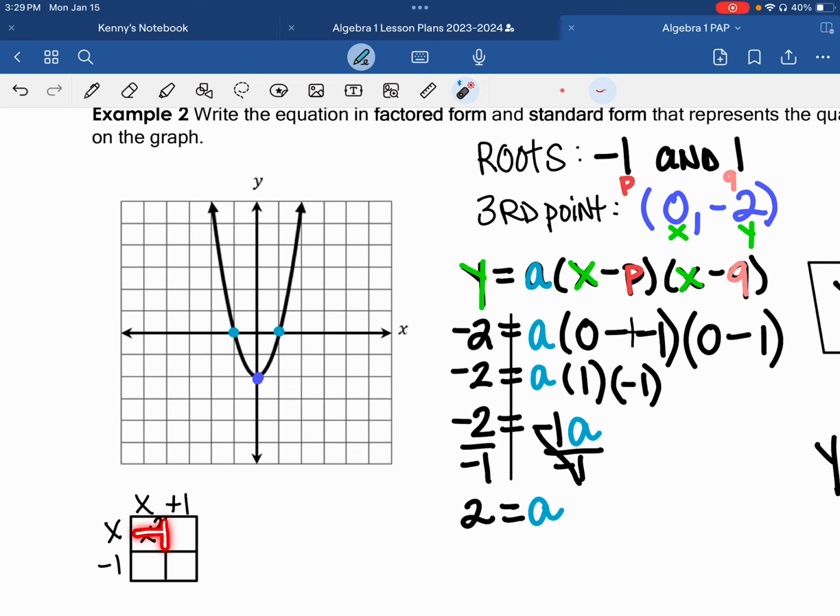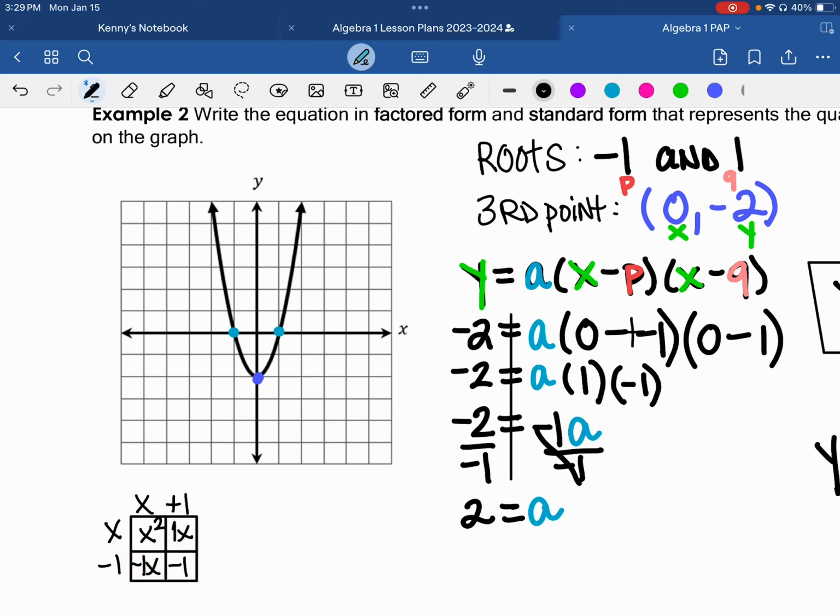Remember, it is a box, so it has the properties of a square or a rectangle. This one would be x times 1, or 1x. This one would be negative 1 times x, which would be negative 1x. And the last one would be negative 1 times positive 1, or negative 1.